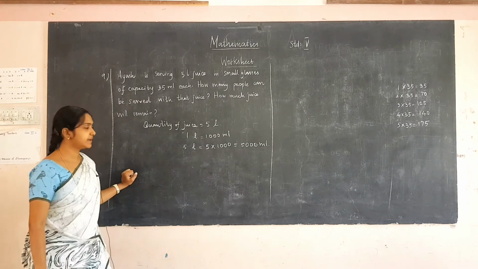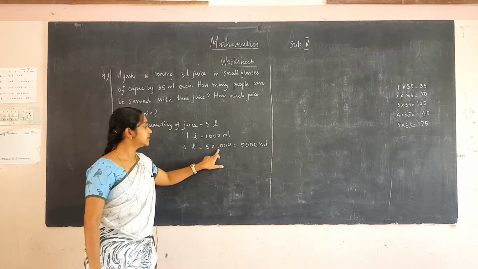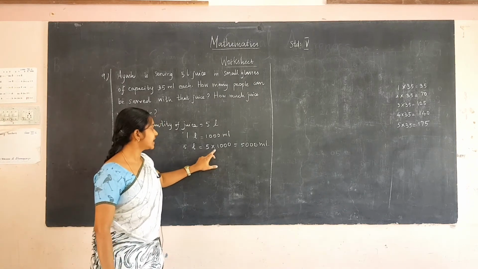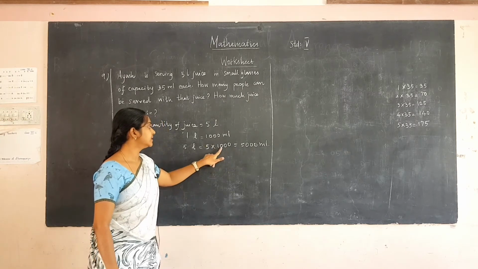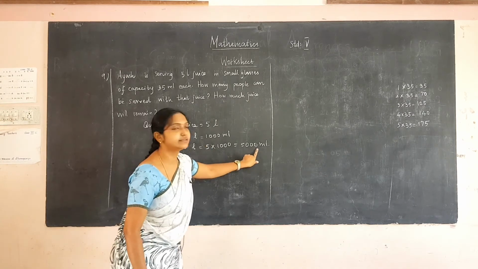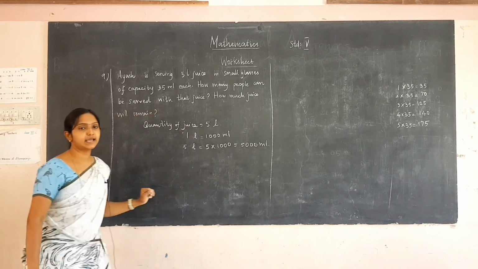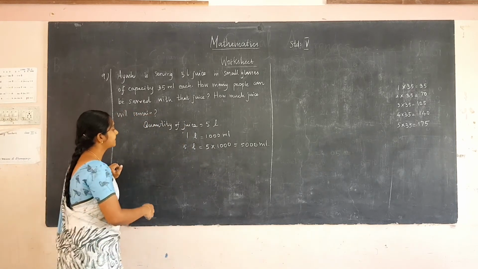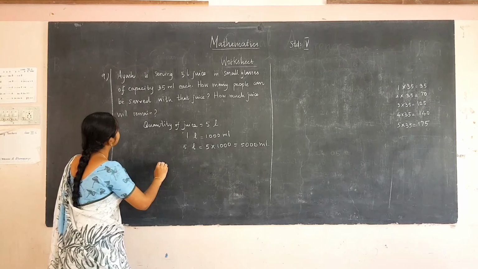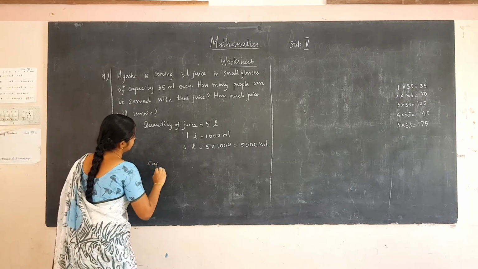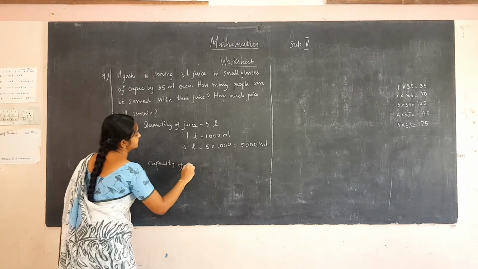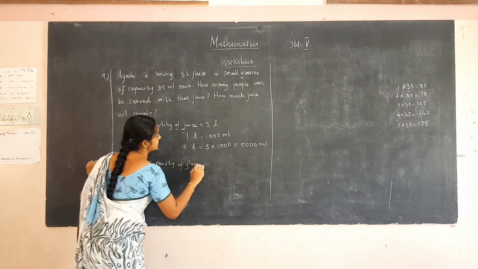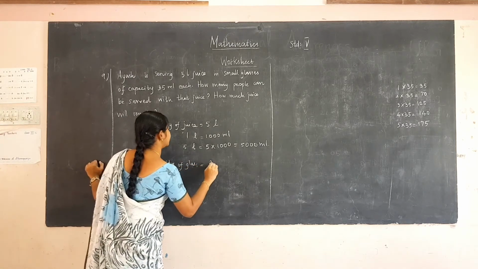If we are multiplying any number with 10, 100 or 1000, we can just count the number of zeros and add them to the number. Here 3 zeros. So we have to add 3 zeros. We can directly add. And the capacity of a glass is given as 35 ml.